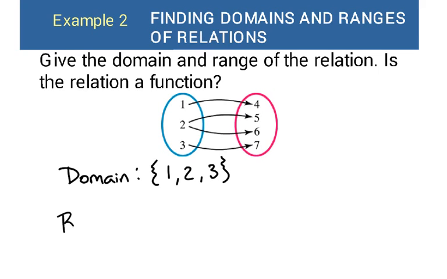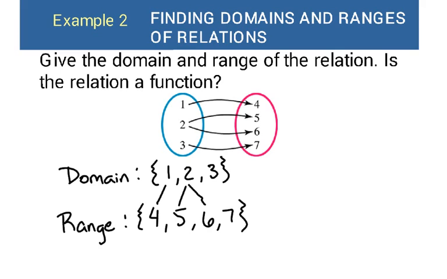And then the range comes from what's in this red, or I guess pink, circle there: 4, 5, 6, and 7. And because the value of 2 goes to 5 and 6, this relation is not a function.